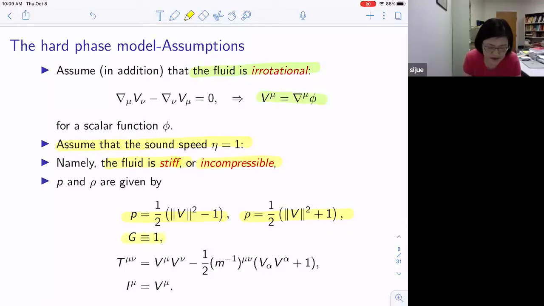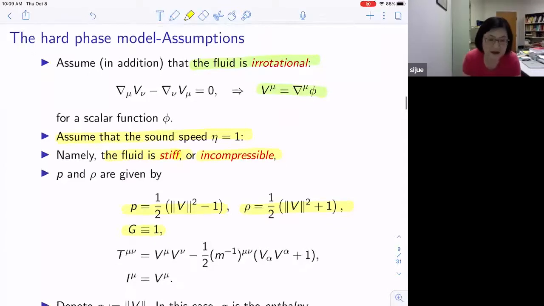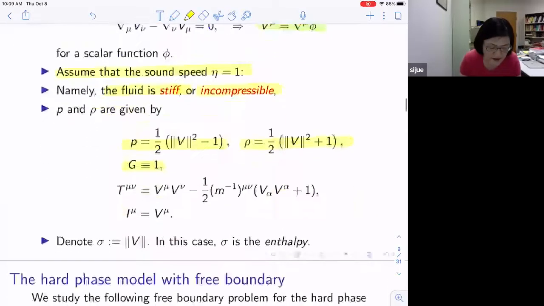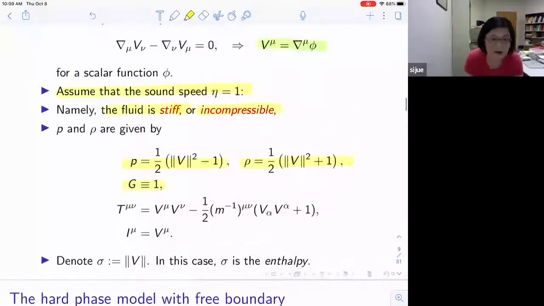For the sake of curiosity, that's the energy momentum tensor and the particle current that follow this formula. And this quantity V in the stiff case is actually the enthalpy.